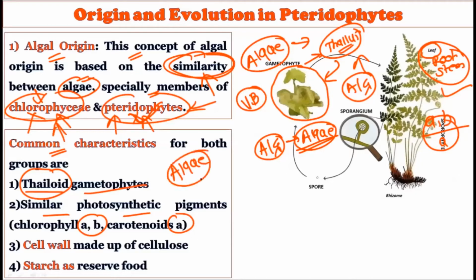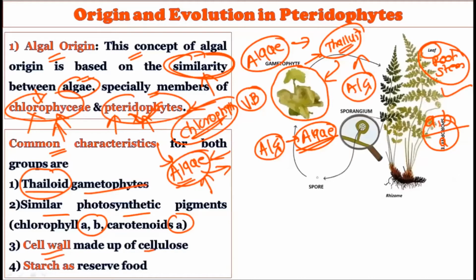As you know, after the cyanobacteria, algae were the first typical plants to possess different kinds of photosynthetic pigments, because in the cyanobacteria there is no chloroplast. Only chlorophyll is there and chloroplast is absent, but the algae possess a well developed chloroplast containing different types of pigments, and these were also present in the pteridophytes. So you can say the algae is quite responsible for passing these pigments to the pteridophytes, because they show remarkable similarity.